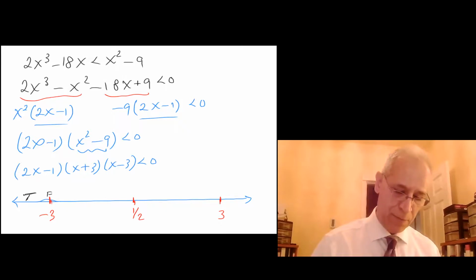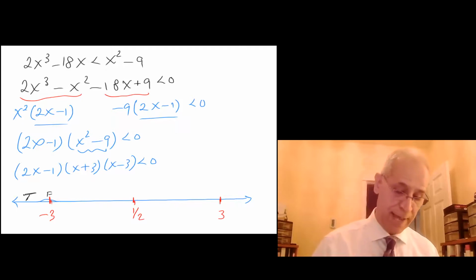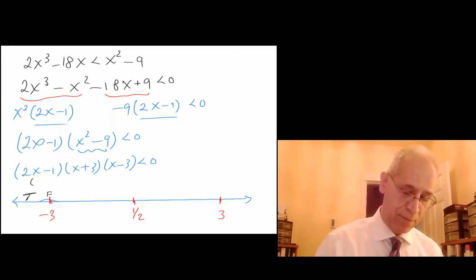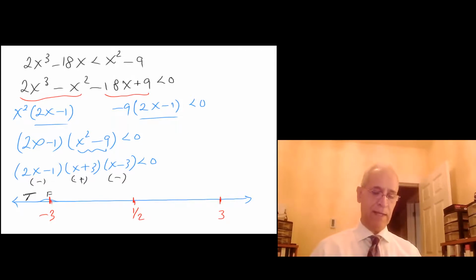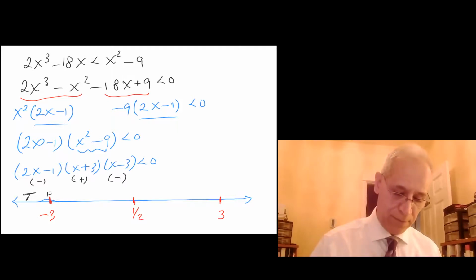Okay, so how about a number between negative 3 and 1/2? Let's say 0 is a natural choice. If I plug in 0 in here, this is going to give me a negative number, this is going to give me a positive number, and this is going to give me a negative number. And a negative times negative is positive, and a positive number cannot be smaller than 0, so false.